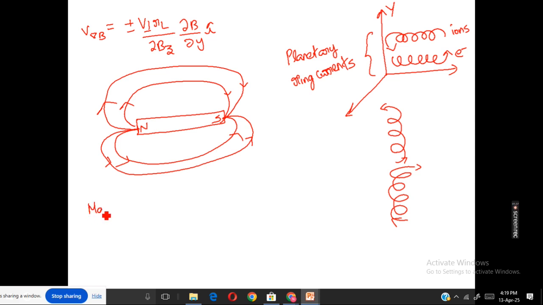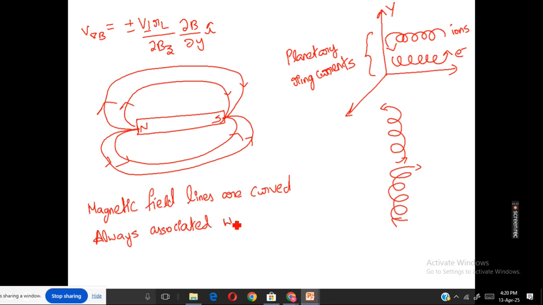So, we are considering the magnetic field associated with the Earth. The magnetic field lines are curved and they are always associated with a gradient.